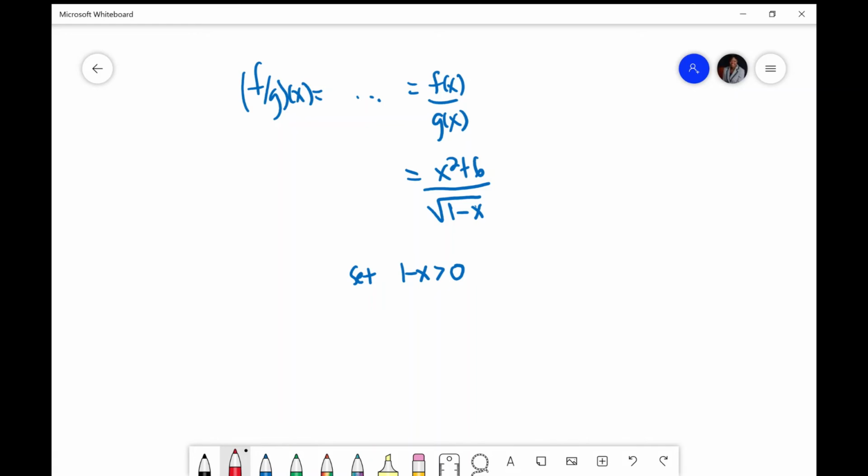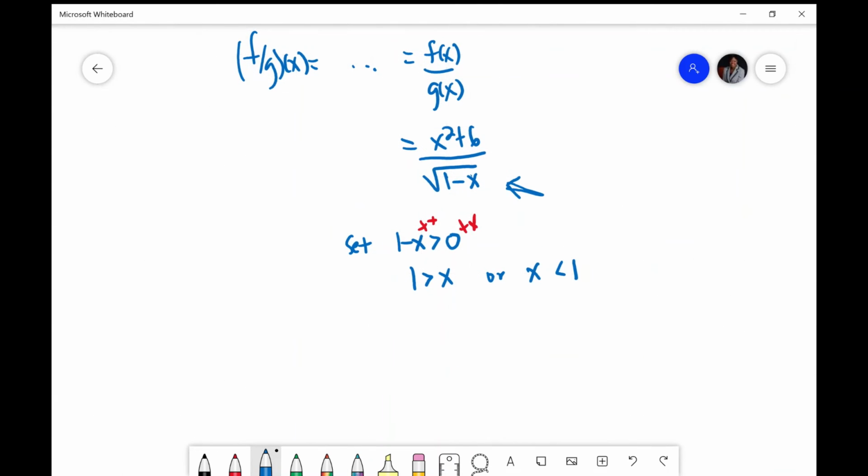And what I'm going to do here is just add x to both sides. If I add x, then my x is already on one side by itself. This means x has to be less than 1 to work. So numbers that are less than 1 for x will work in here, not the other way around.